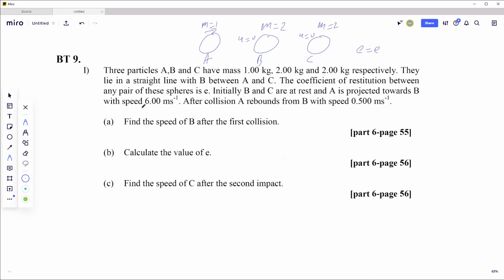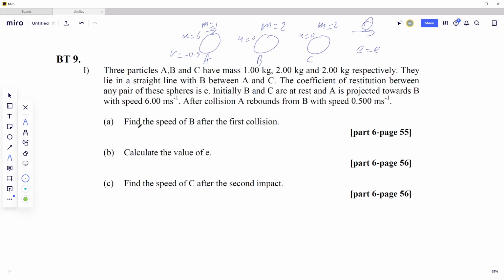So A will have an initial velocity of 6. Before I write the rebound, I'm going to pick this direction to be positive. These are 0, so I can ignore them. This one's going to be positive. Here it will be negative, minus 0.5 as it rebounds. And we're done with the given, I guess.